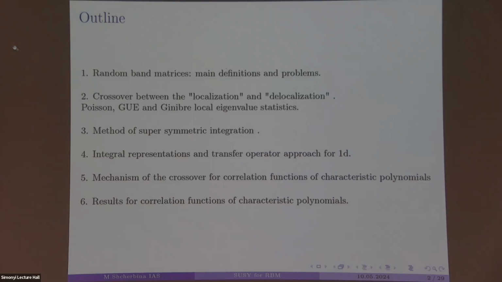I start, of course, from the main definition of the model, and the main properties which we are going to study. Then I explain why this model is so interesting for random matrix theory, because there is some kind of crossover between localized and delocalized regime in this model.